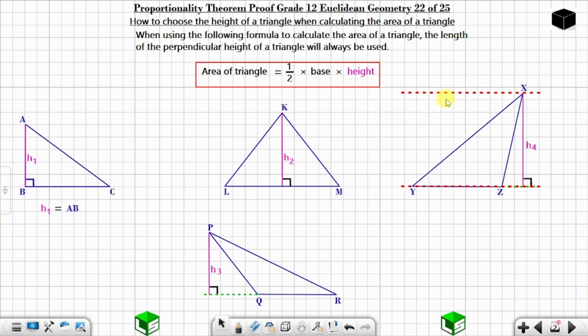Okay, you can have this line perpendicular to this line. This line can also be considered the perpendicular height to be used in this formula. Okay, let's move on.